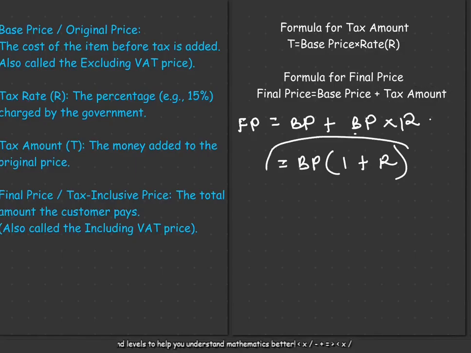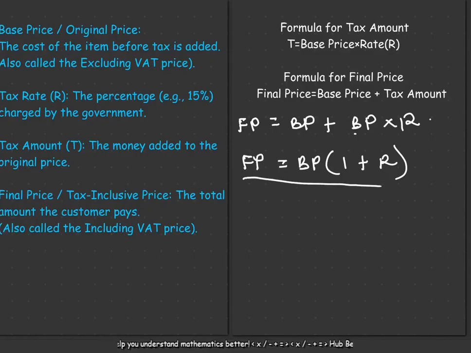Then factorizing, we have what? Base price out, then into bracket 1 plus R. So base price times 1 gives us base price. Then base price times R will give us this over here. So this simply means we'll have to get this formula to use.